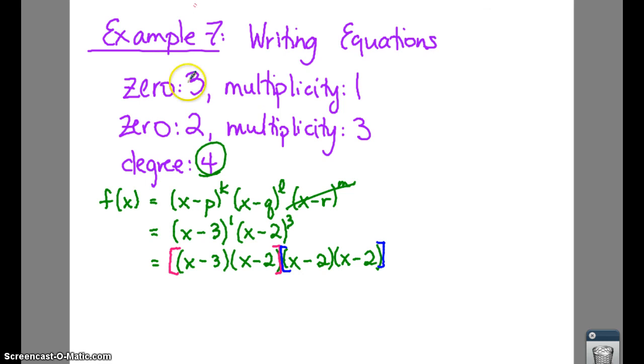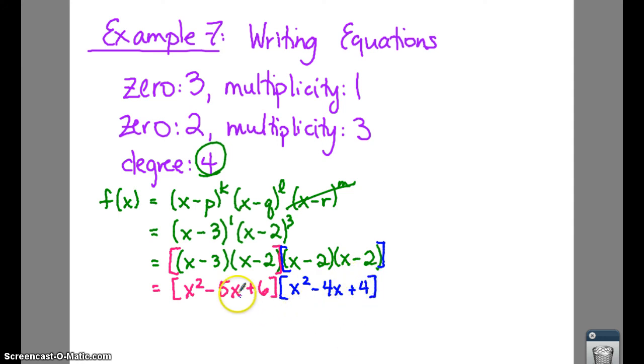For the first part, we're going to have x squared minus, well, the middle term is whatever your negative 3 and your negative 2 add up to be, so that's a minus 5x plus 6. And then back here, this is a perfect square trinomial, so we get x squared, negative 2 and a negative 2 add up to give you negative 4x, and then negative 2 times negative 2 gives you a 4.